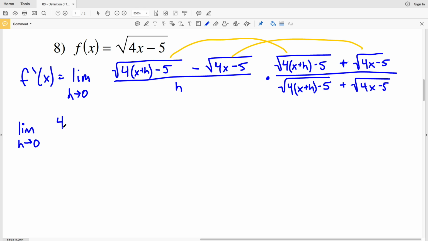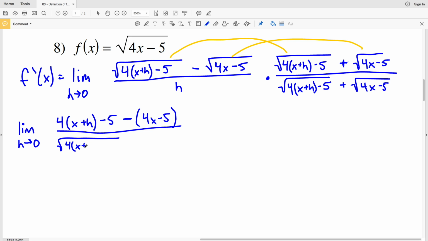So that's going to be 4 times x plus h minus 5, and we're going to be subtracting the square root of 4x minus 5 squared, because it's multiplied by itself. So that's 4x minus 5. And this is all over the conjugate, which is the square root of 4 times x plus h minus 5 plus the square root of 4x minus 5. And that conjugate is multiplied by h.